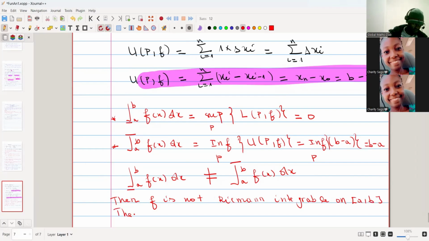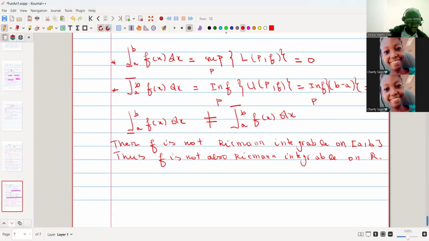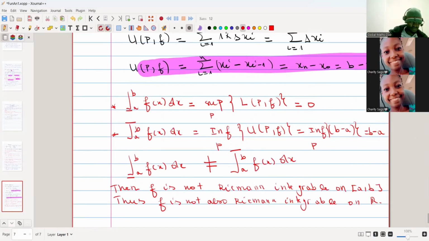Then f is also not Riemann integrable on R. So I hope that everything is clear here.